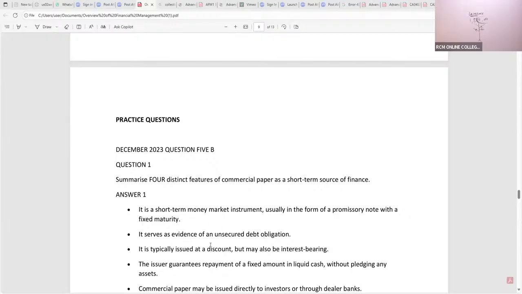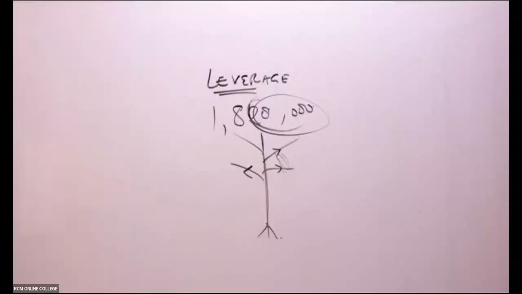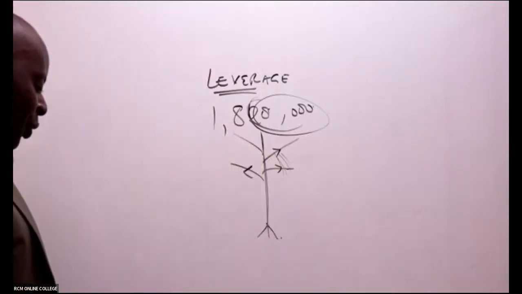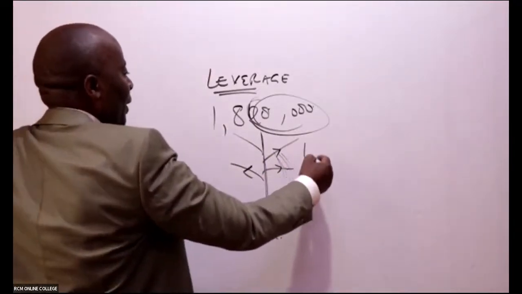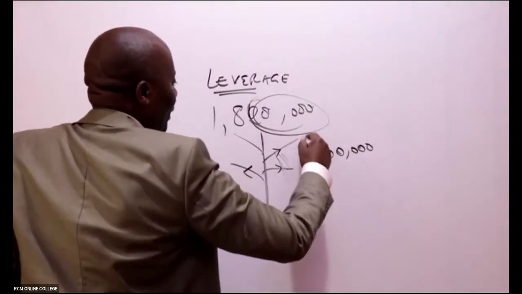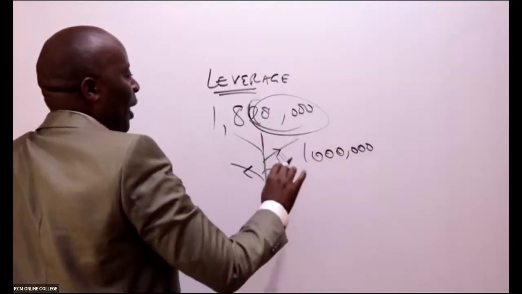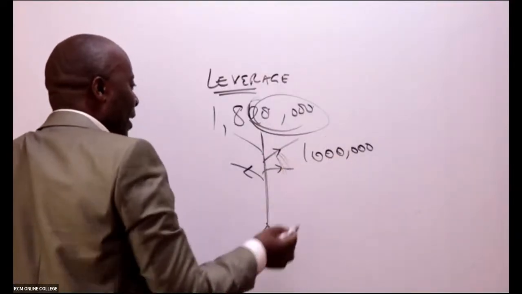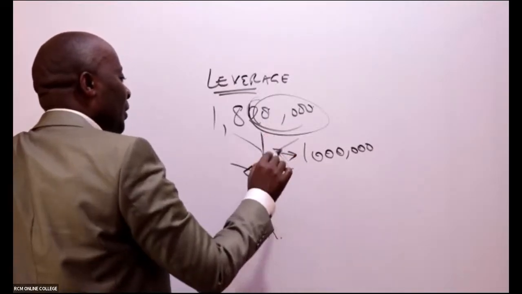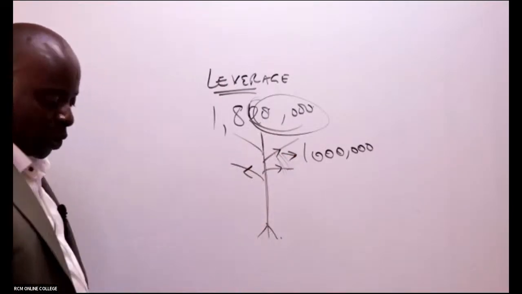It is typically issued at a discount, but may also be interest bearing. Please listen, for those of you who have ever invested in treasury bills. You get a treasury bill, and this promissory note is written 1 million, just like that 1,000 note, that's how they look, written 1 million, and of course the name of the issuer. So there are two types of commercial paper.